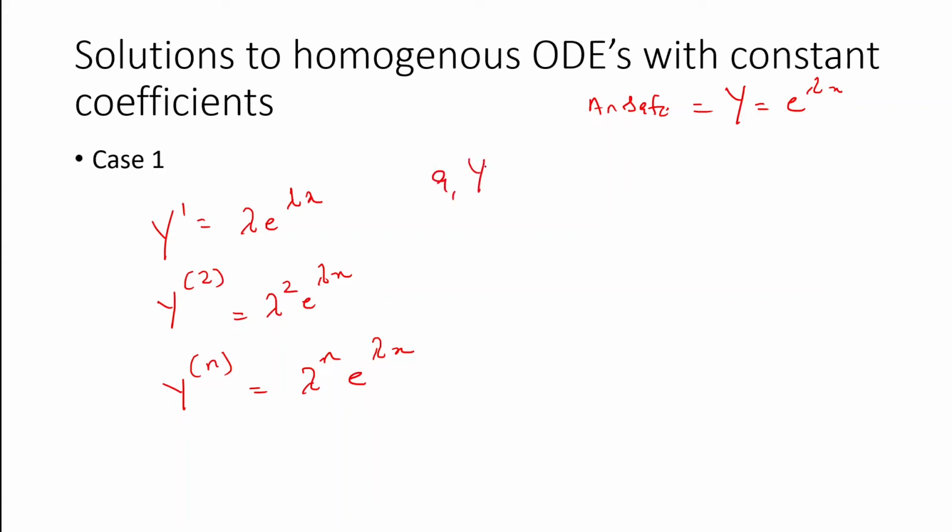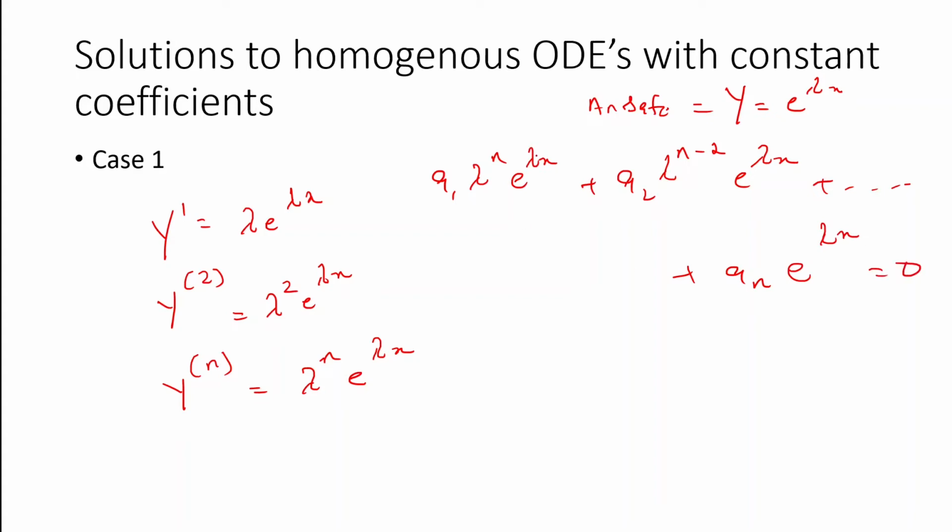a1 times y^(n) is lambda to the power n e to the power lambda x, plus a2 lambda to the power n minus 1 e to the power lambda x, all the way till an e to the power lambda x, equal to 0. As you can see here, we can take e to the power lambda x out everywhere.